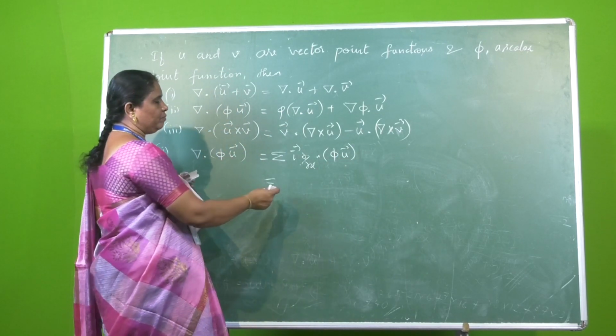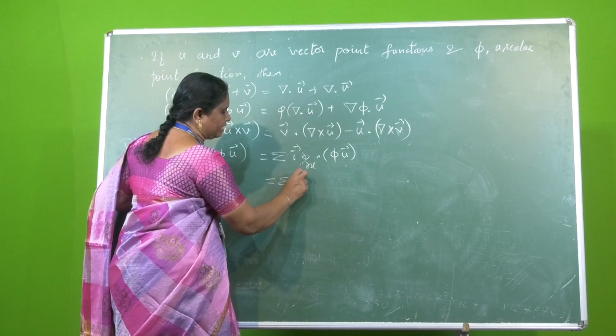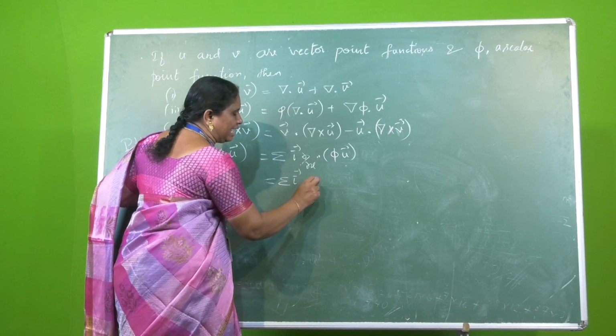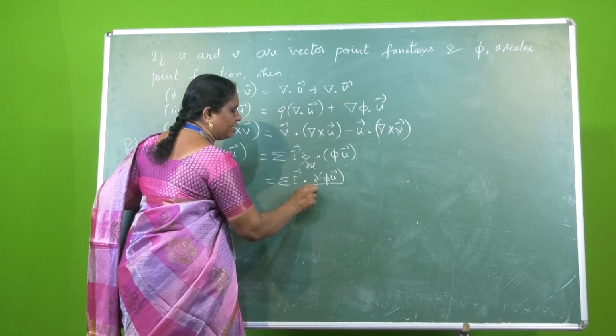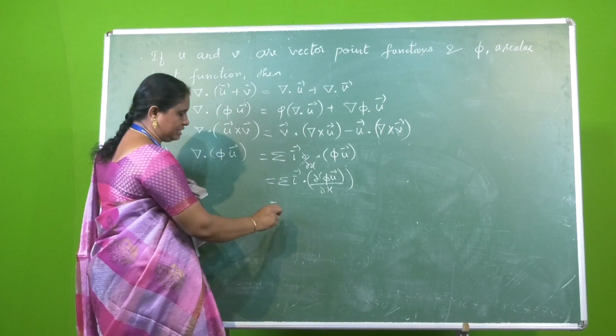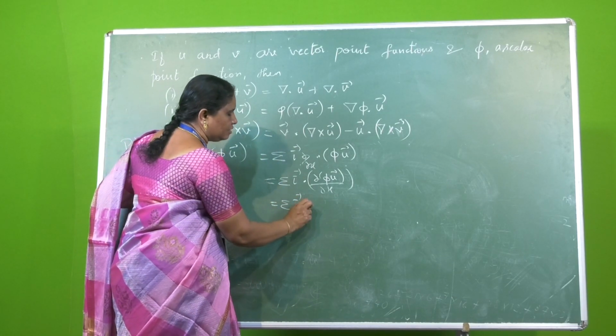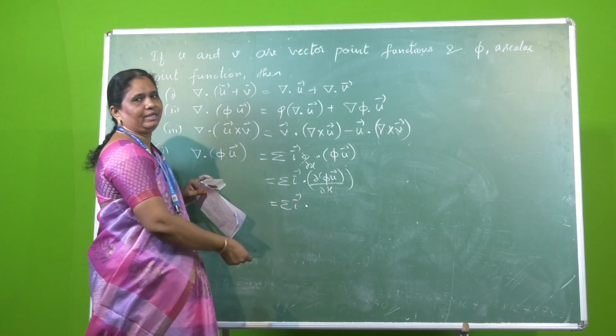So in the next step, we can bring the derivative to the functions, vector and scalar point function. So summation i dot dou phi u vector by dou x, which is equal to summation i vector dot, we have to differentiate both phi and u vector.